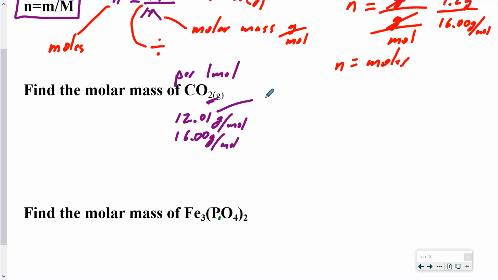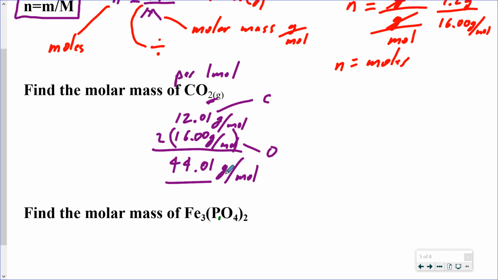This one is for the carbon, this one is for the oxygen, but I have twice as much oxygen, so I need to multiply that number by 2. 16 times 2 is 32, plus 12.01 gives us 44.01 grams per mole. So if you have exactly 1 mole of carbon dioxide, this is what it weighs, 44.01 grams.